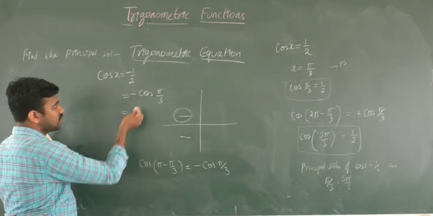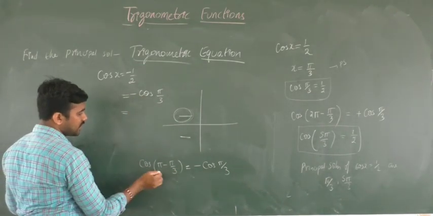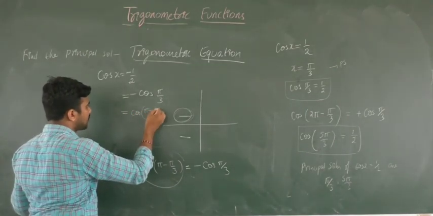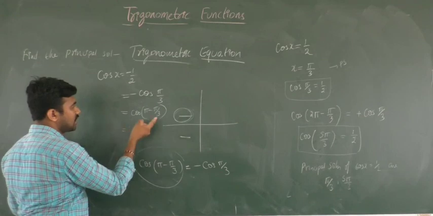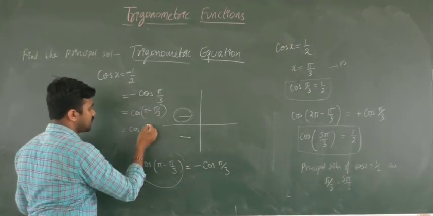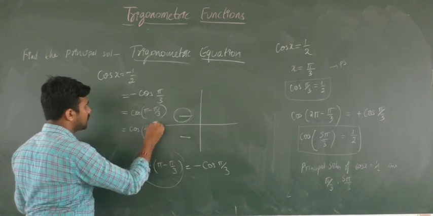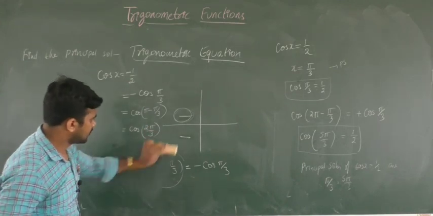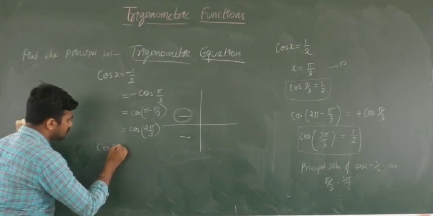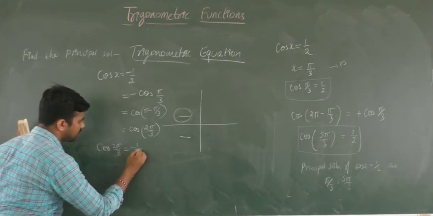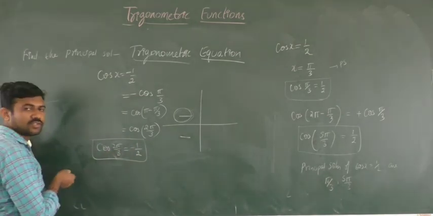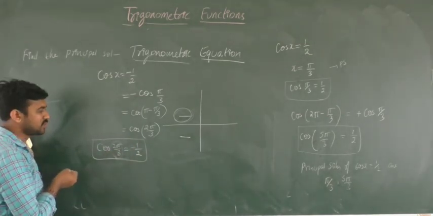Now take the LCM here, cos of 3 pi minus pi, 2 pi by 3. So we can say cos 2 pi by 3 is equal to minus half. This is one of the principal solutions. X is equal to 2 pi by 3 is one of the principal solutions.